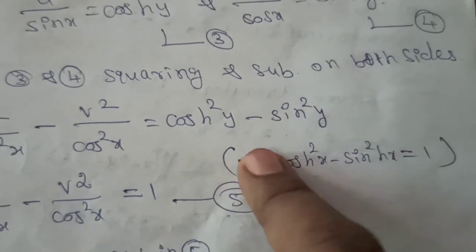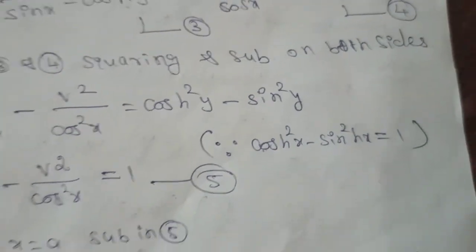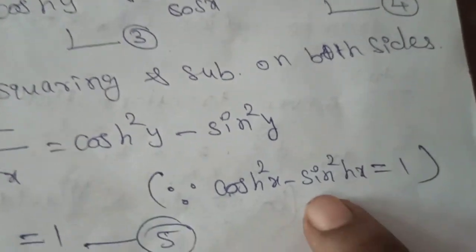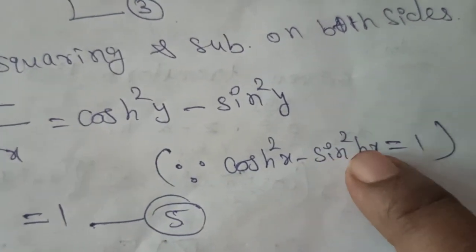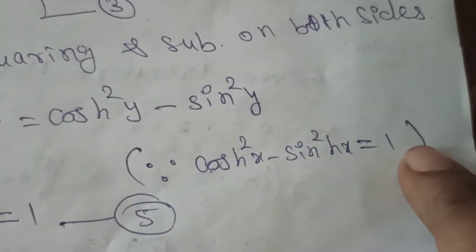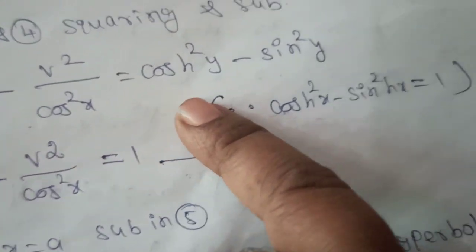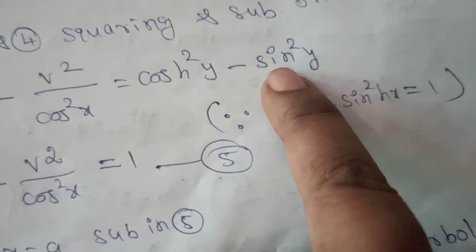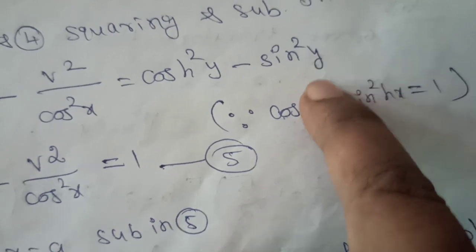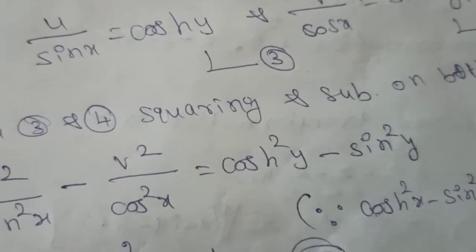But do you know the formula in hyperbolic functions? Cos h square x minus sin h square x is 1, but here the variable is y. So cos h square y minus sin h square y is 1.